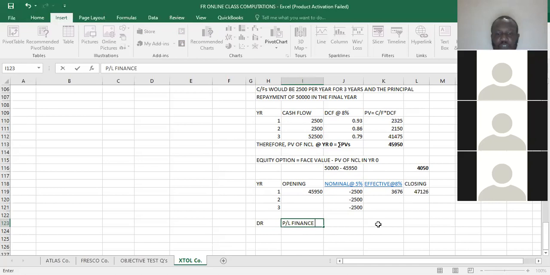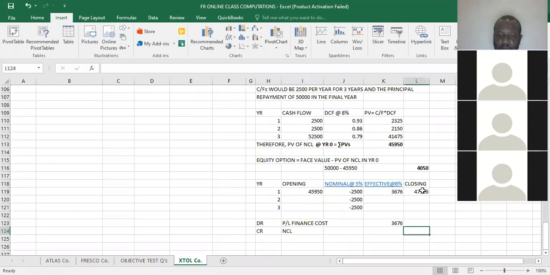Now please remember that your finance cost is the effective interest. So it is the effective that goes to finance cost. And then I will credit my non-current liability, and my non-current liability will be that closing figure. And then I'll also credit my equity option.